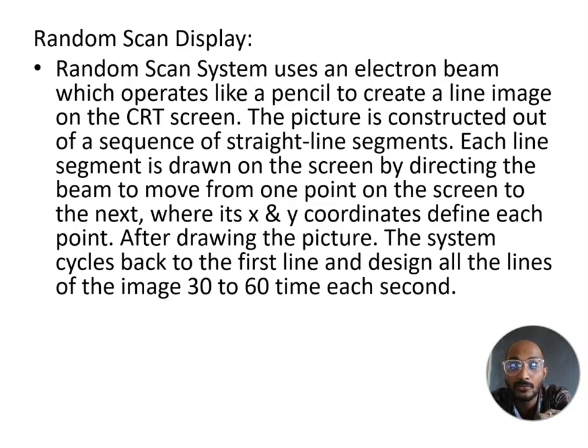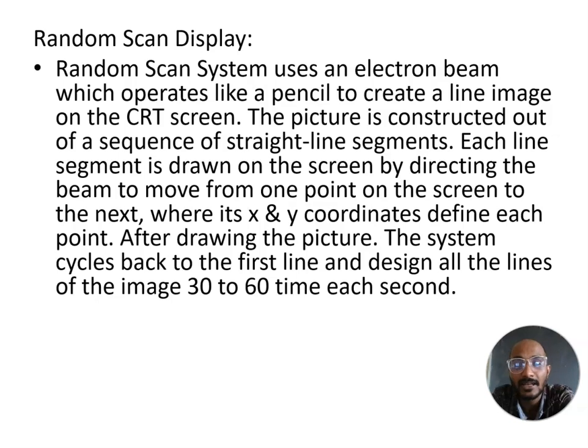If we want to draw a line, and that line can be converted into different figures or different images, we first draw the straight line, and that straight line helps to draw different figures or pictures. And we know that if we want to draw a line, we have to cover it by some coordinates, x and y coordinates. In those coordinates, we draw the line.